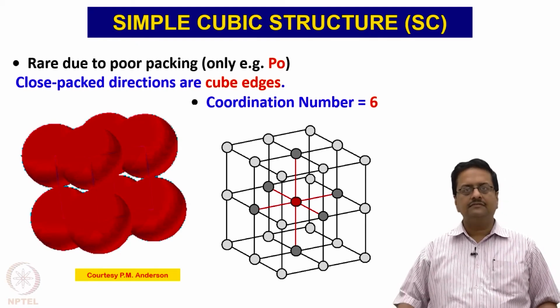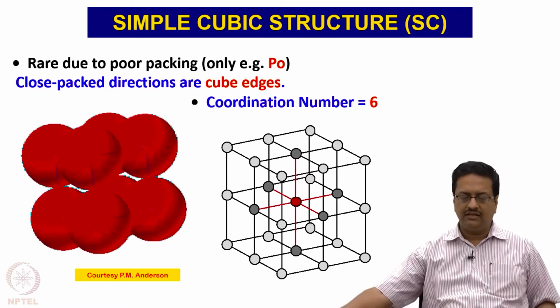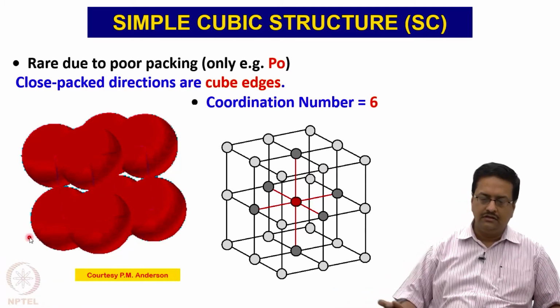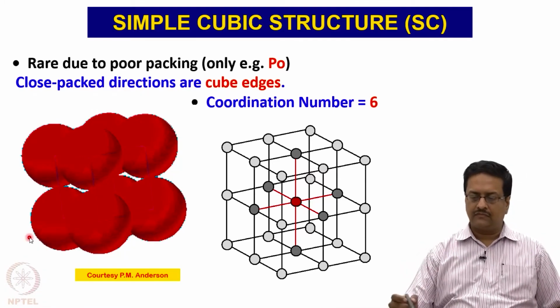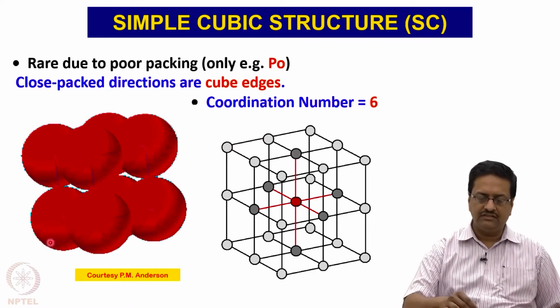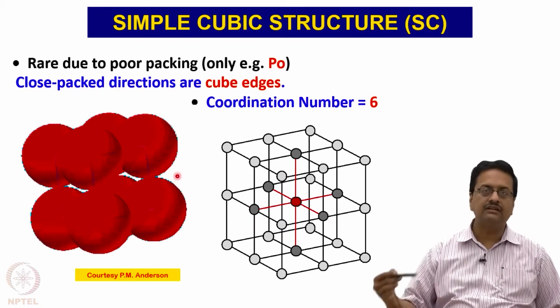So in case of simple cubic lattice, as we have already indicated, there are 8 atoms located at 8 corners of a cube, and this is shown here in this particular slide.